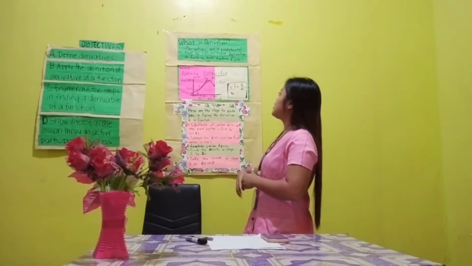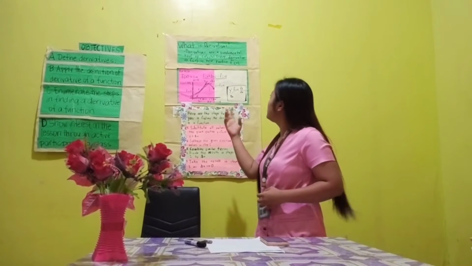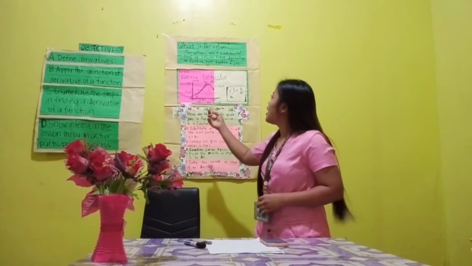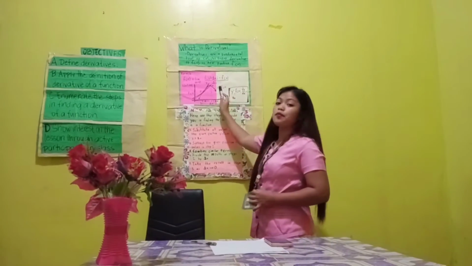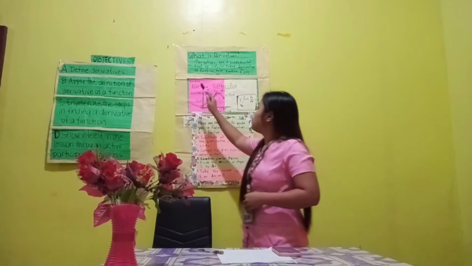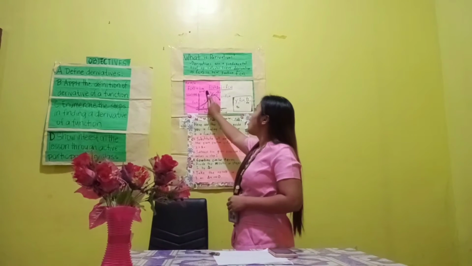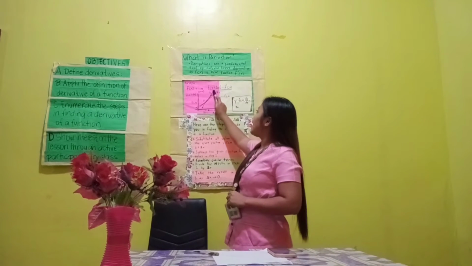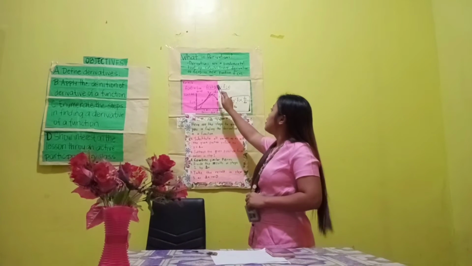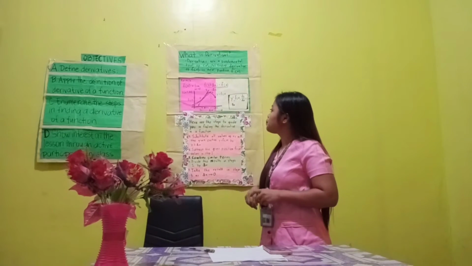Very good. So, derivatives are the fundamental tools of calculus. Every derivative of f of x is a new function of f of x. This is the formula of derivatives. So, let's start with f prime of x equals the limit as delta x approaches 0 of f of the quantity x plus delta x minus f of x over delta x.